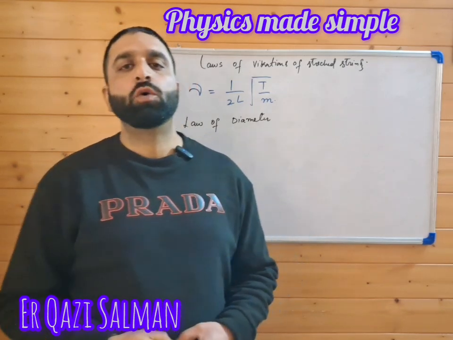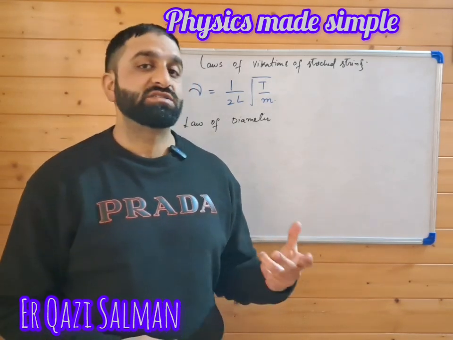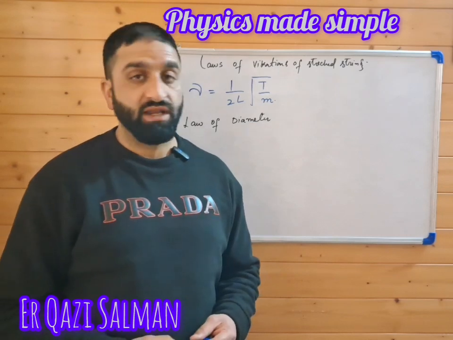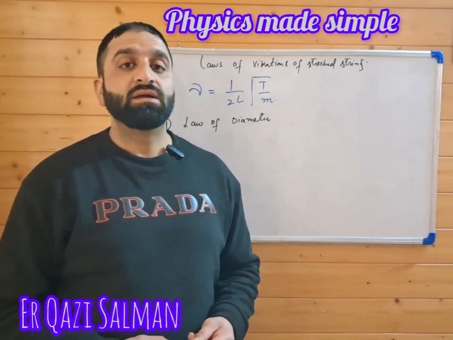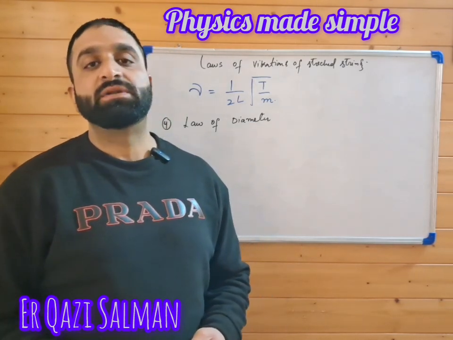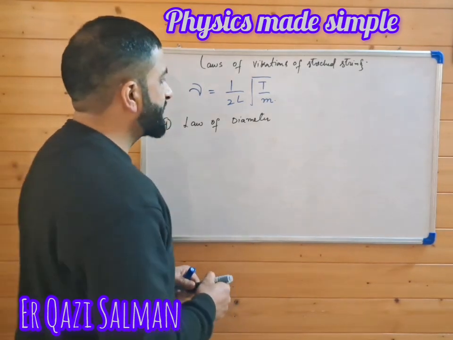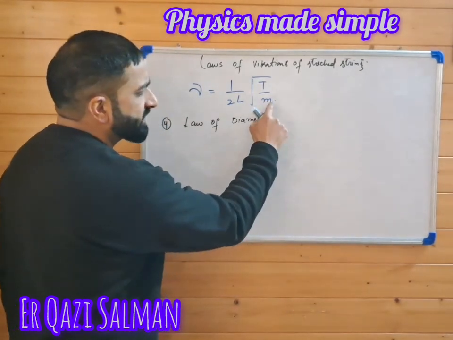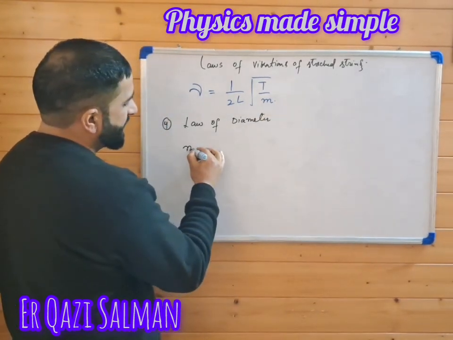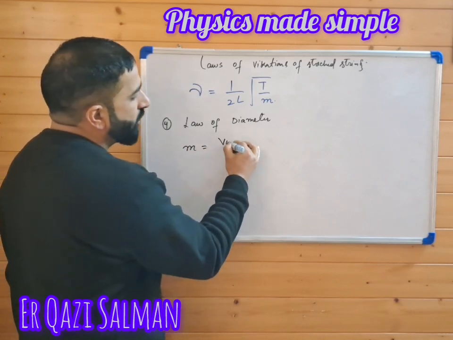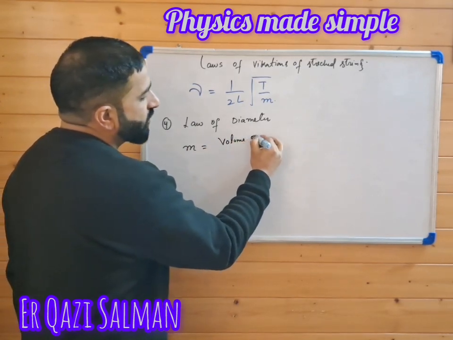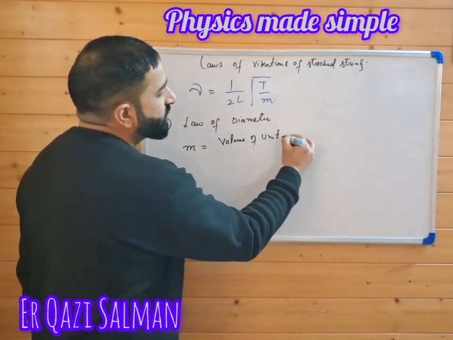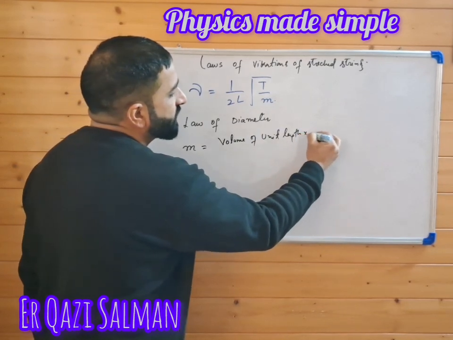Now we have two more laws which are derived from the mass per unit length. What is mass per unit length equal to? That brings us to the laws of diameter and density. Mass per unit length should be equal to the volume of unit length into density.